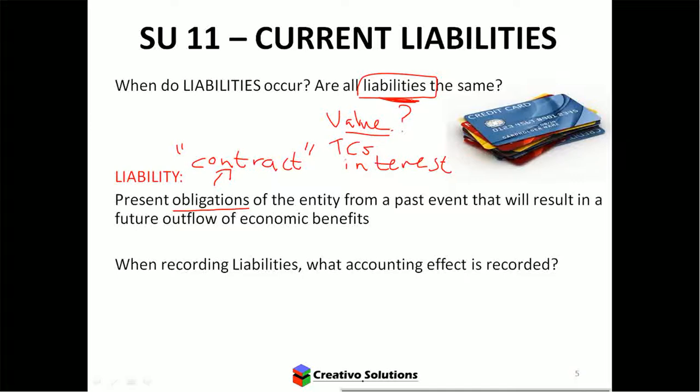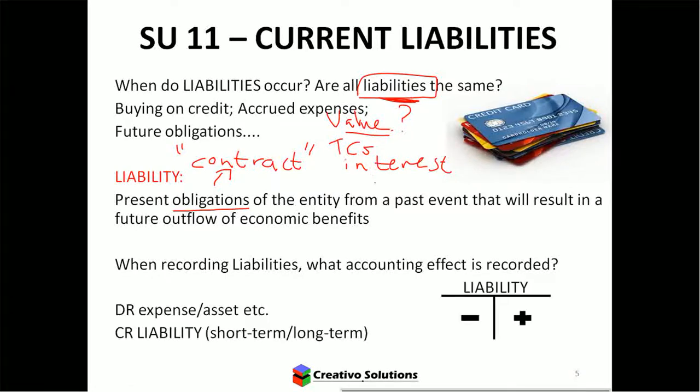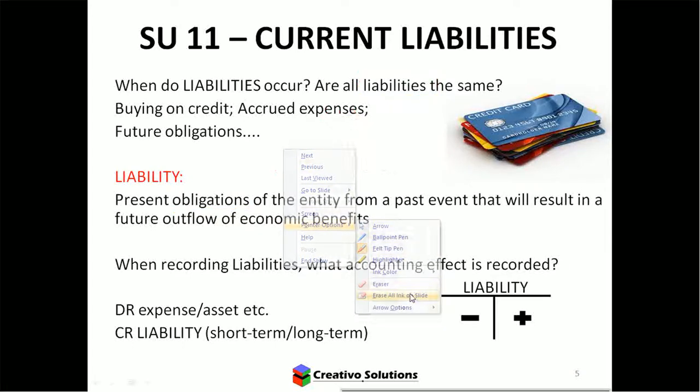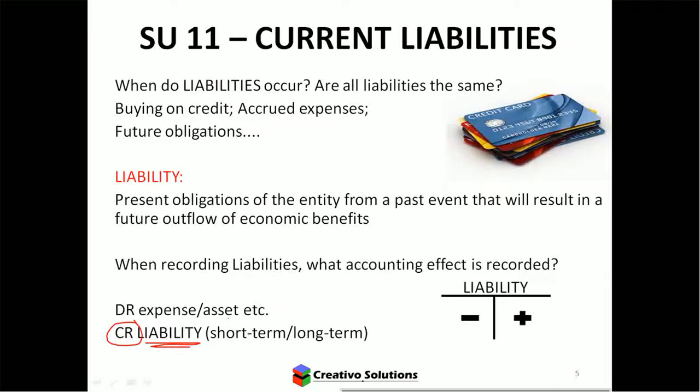Right, so when I record a liability, what's the accounting effect going to be? You've got the definition here for a liability. Credit side increase, correct. So we're going to have short-term and long-term, depending on what we're looking at. It's still going to be credited though. Why? It's a liability.